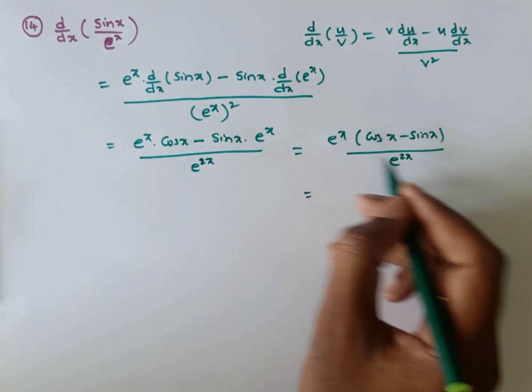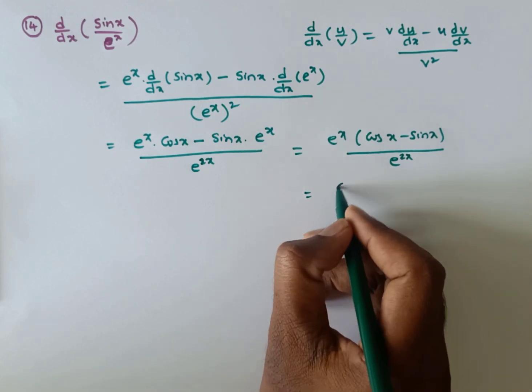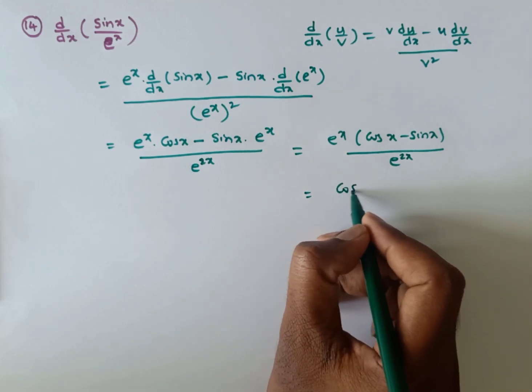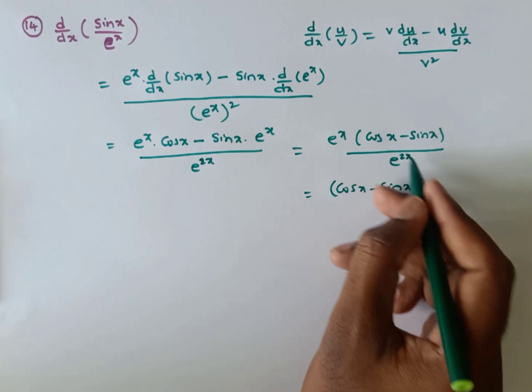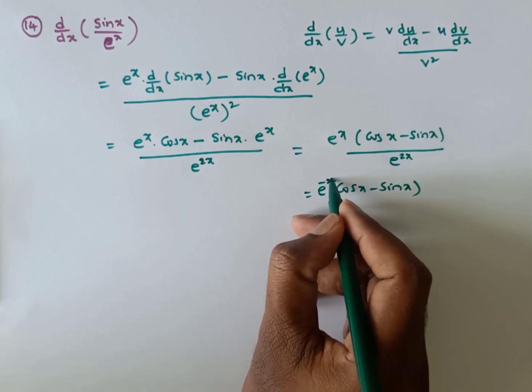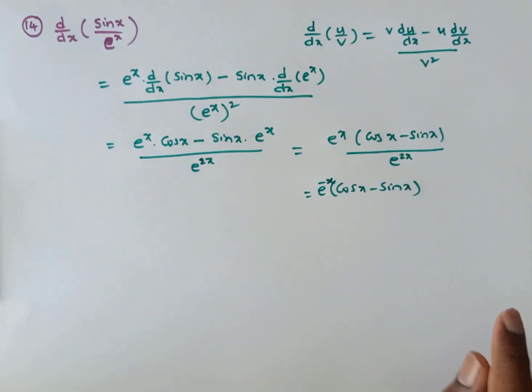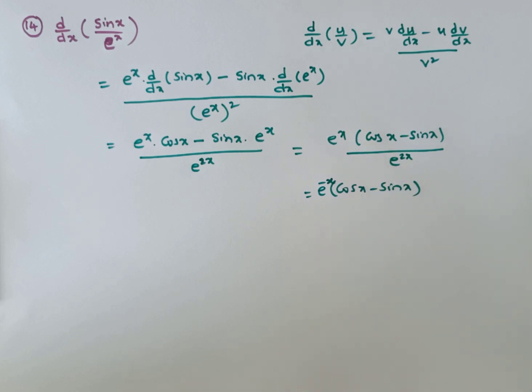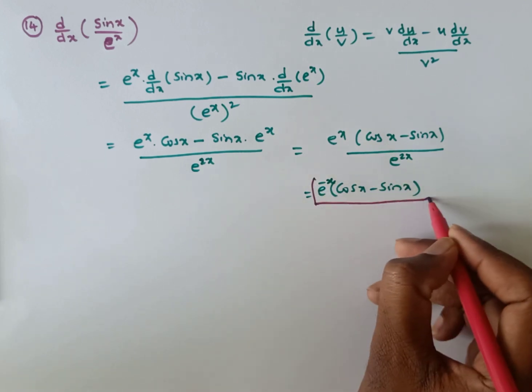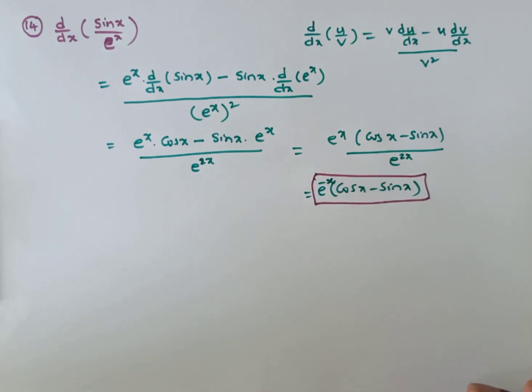Finally one e power x gets cancelled. So this is cos x minus sin x. Or bringing the numerator over, it becomes e power minus x, so e power minus x into cos x minus sin x. This is e power x into e power minus 2x. So therefore this is like this.